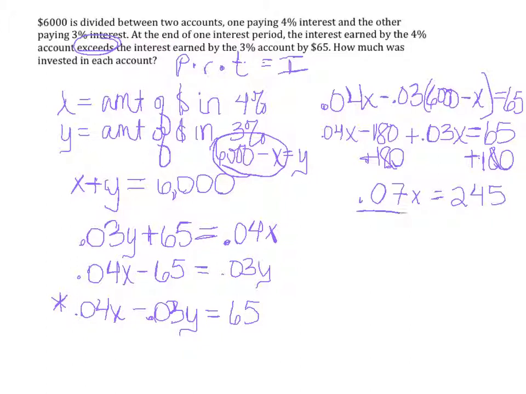And now dividing by 0.07 on both sides, I find that x equals $3,500.